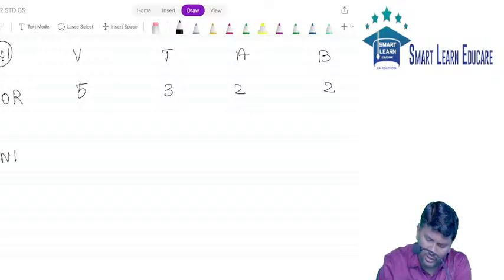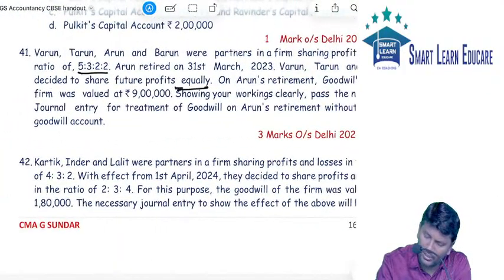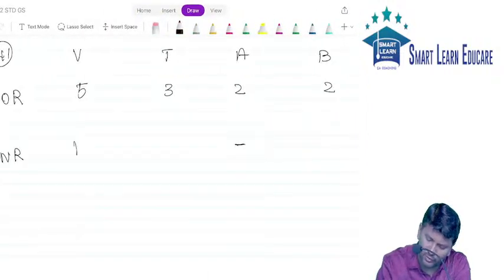What is the new ratio? Who retired? A retired. What is the new ratio? It is equal ratio, 1:1:1.